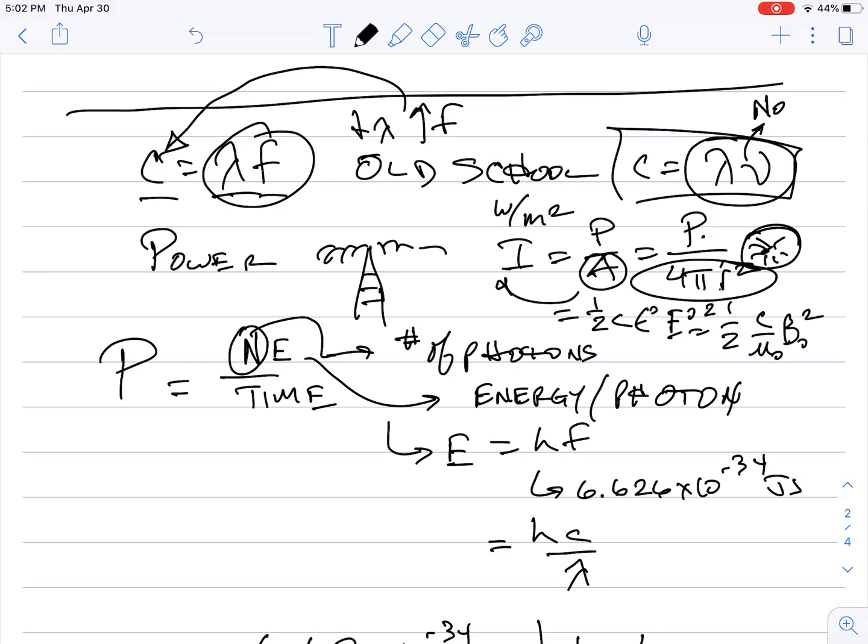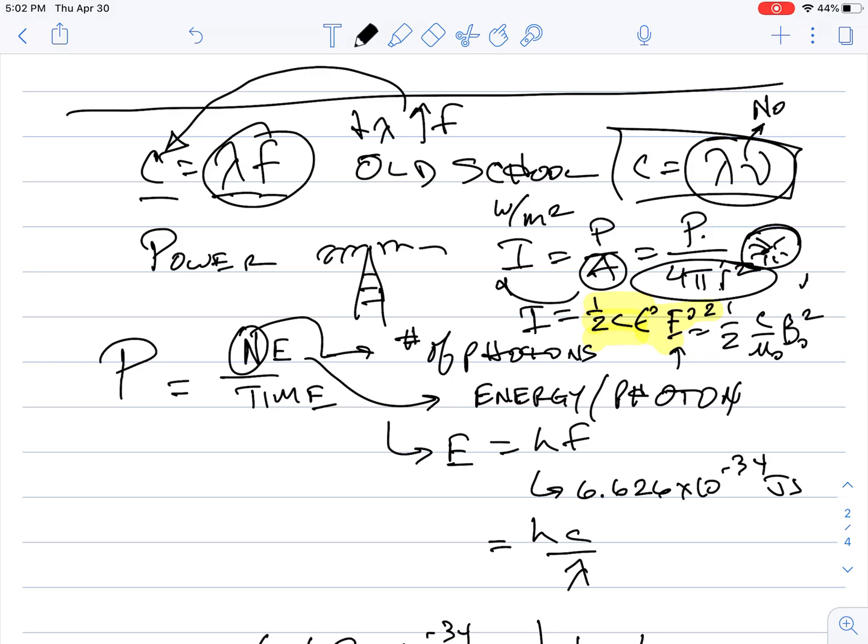Now, the other way to look at power or intensity, let me finish this up. These are obscure equations that are in your textbook, and they're not on your equation sheet. But let me explain what these are. The first one is the way that you can calculate the intensity of a wave if you know the value of the electric field: your electric field squared times epsilon naught times the speed of light times 1/2.